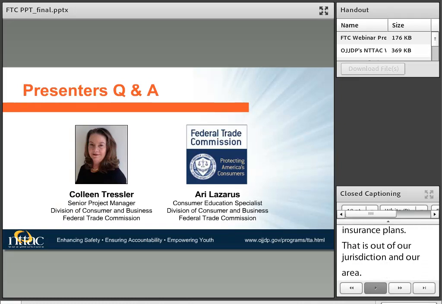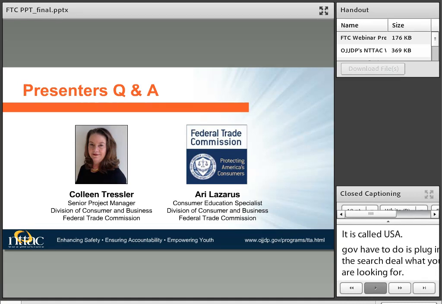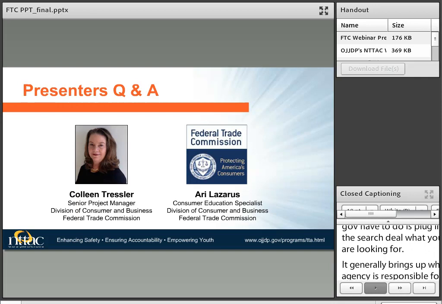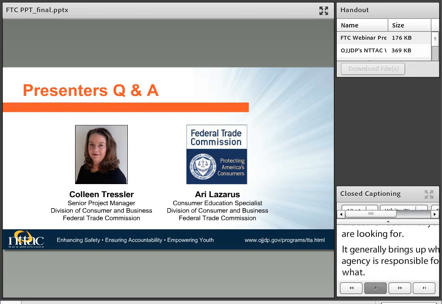It's called USA.gov, and all you have to do is plug in the search field what you're looking for, and it generally brings up what agency is responsible for what. There's also a toll-free number people can call if they don't have access to the internet. Sure, you're welcome. Any other questions?